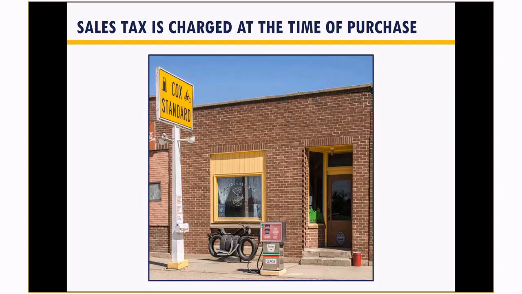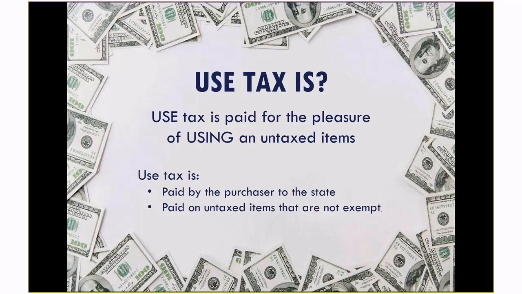Use tax is a term that comes up that a lot of people don't quite understand. And what is use tax? Use tax is paid for the pleasure of using an untaxed item. Use tax is paid by the purchaser to the state and is paid on untaxed items that are not exempt.